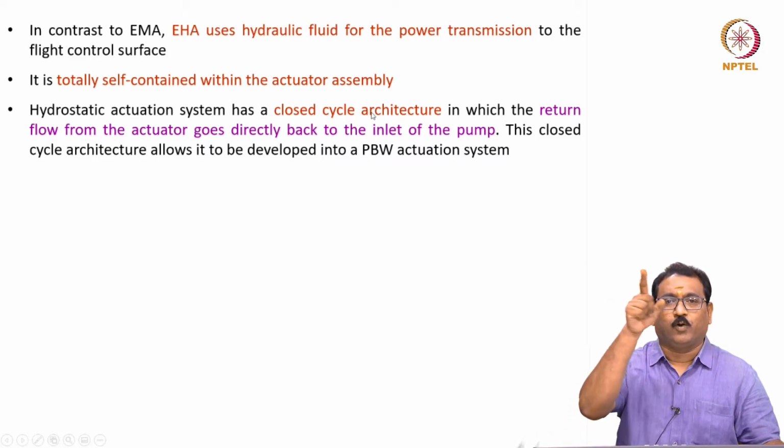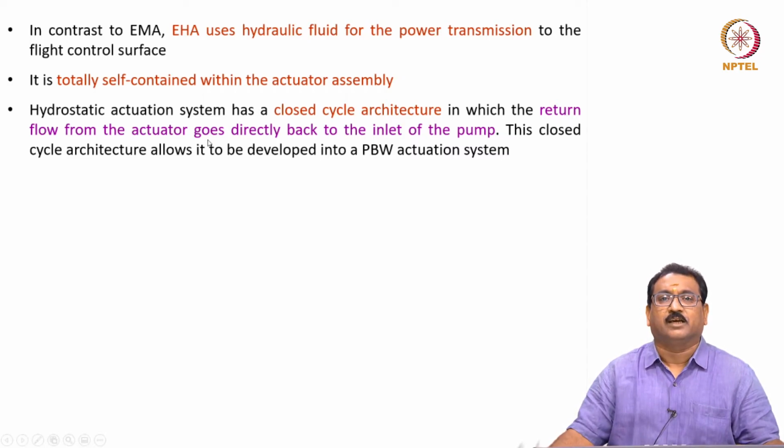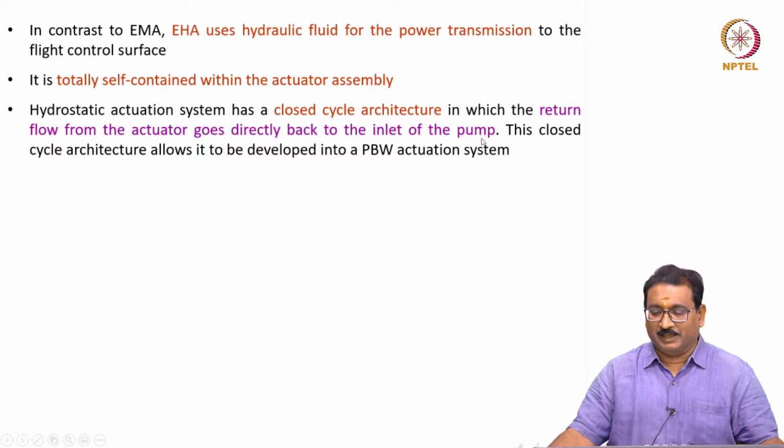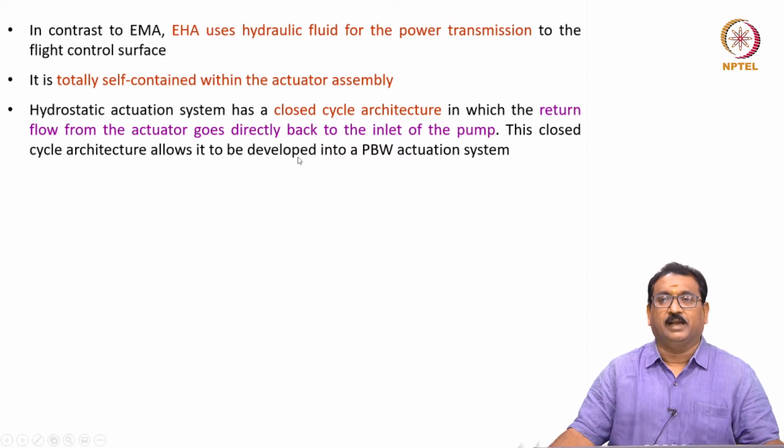Please remember, it is closed cycle, meaning the return flow from the actuator after doing the work goes directly back to the inlet of the pump. This closed cycle architecture allows it to be developed into a PBW actuation system.